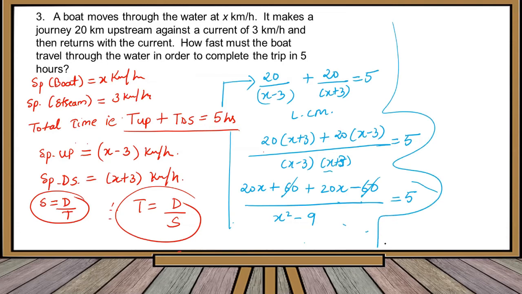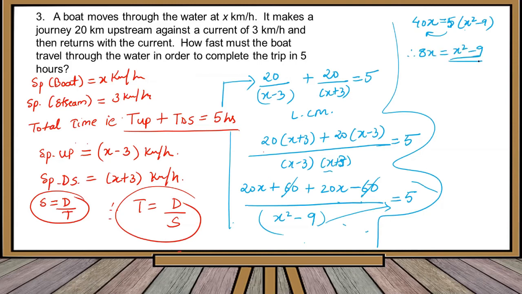Okay, so what do we have? We have 40x. This entire bracket, I'll shift it to RHS. So 40x is equal to 5 into (x square minus 9). I know 5 and 40 are divisible with each other, so let us divide them. So it's 8x equal to x square minus 9.